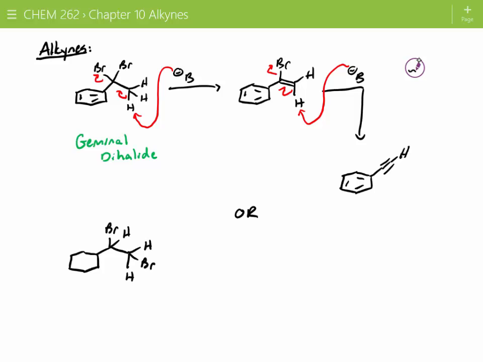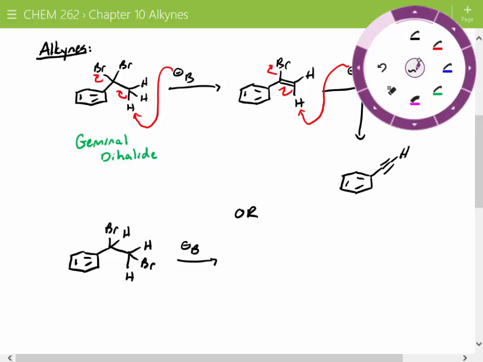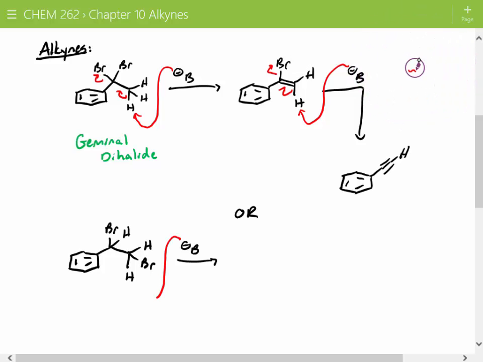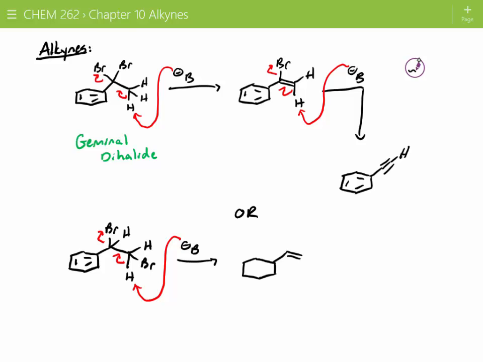So I'm going to draw in all of our hydrogens. Again, the first step will be this E2 elimination reaction where we can clamp down and kick off our bromine. When we do this, we're left with our bromine on one end.